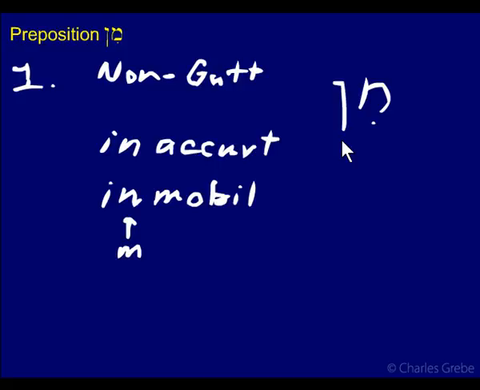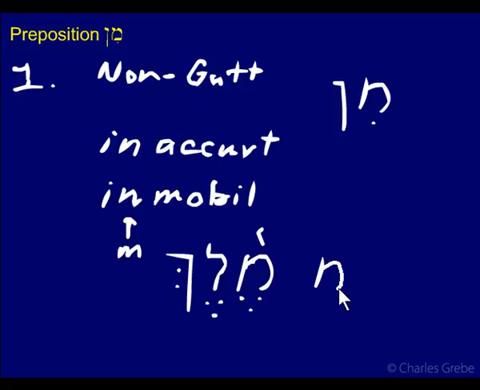So if we have a word like melech, let's write it down here. So king, melech. If we add min on here, in an inseparable fashion, so we have the nun here, mem yod nun, or mem hiriq nun, because we want to attach it to it.